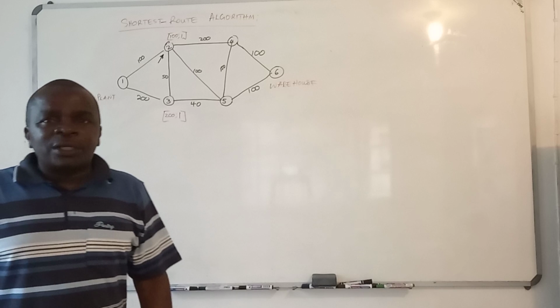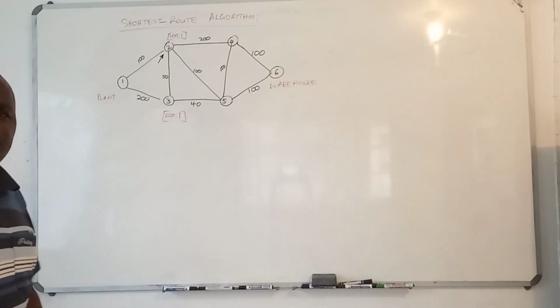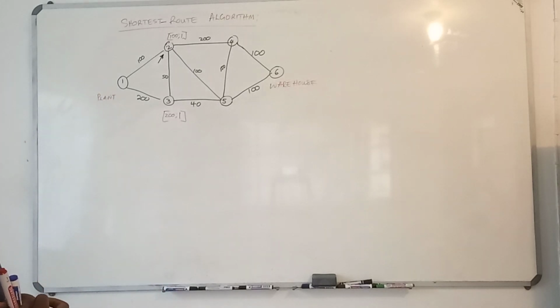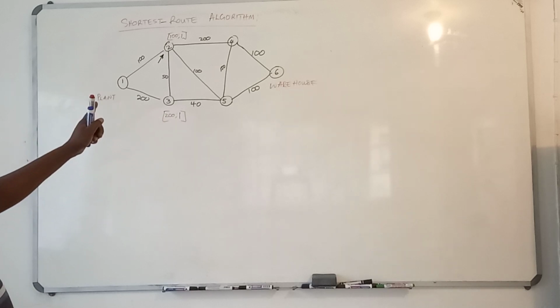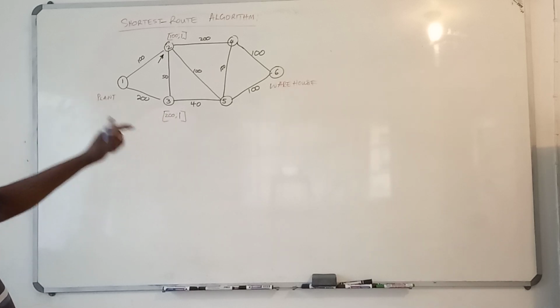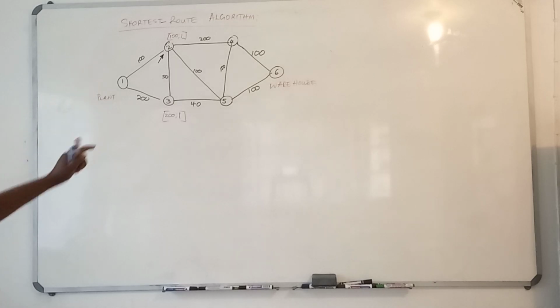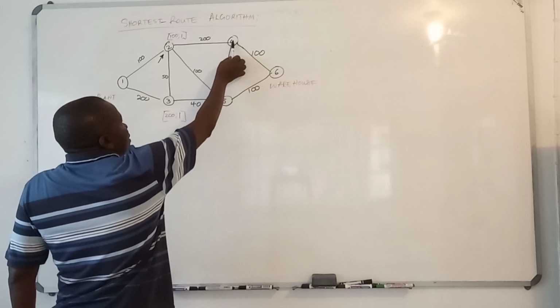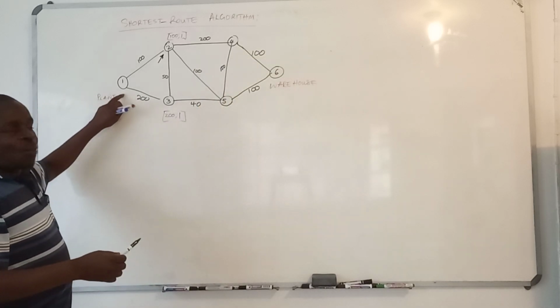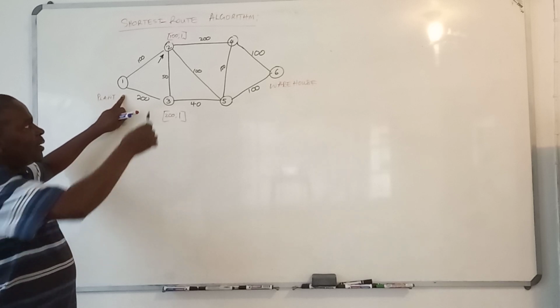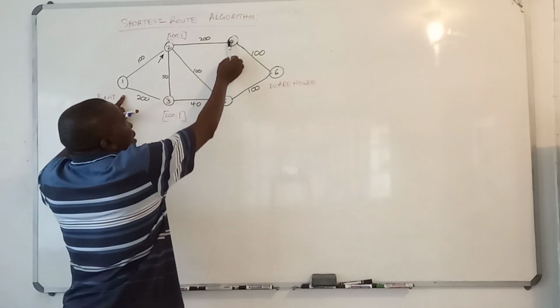Right, let us look at node 2. How many possible routes are there now? We've got node 2 up to node 4, node 2 up to node 5, and node 2 up to node 3. Now, when we label these three nodes, we're going to consider the distance from 1. Let me demonstrate using node 4.